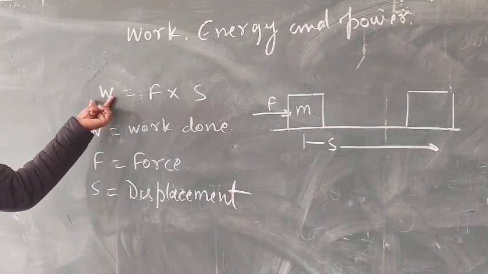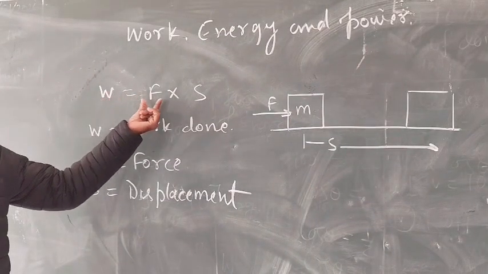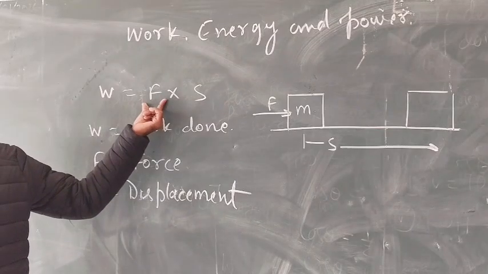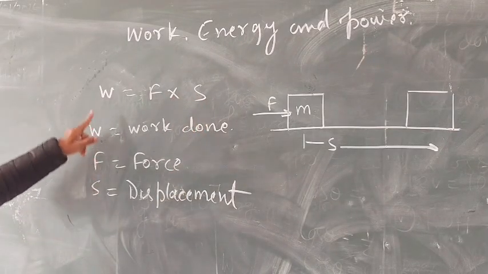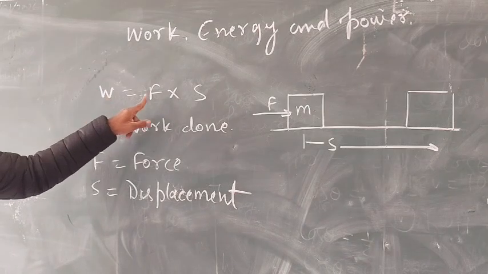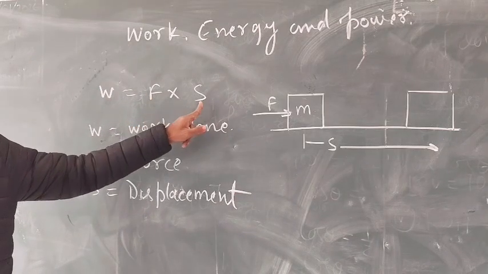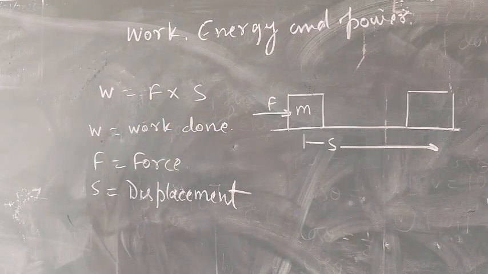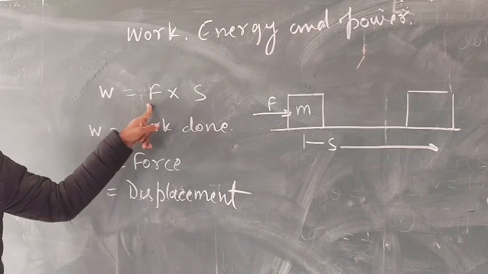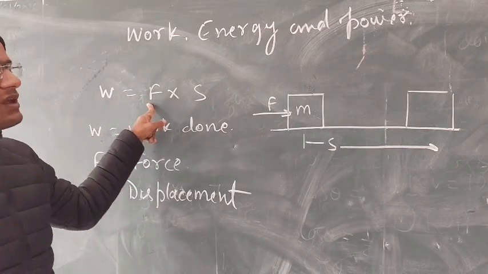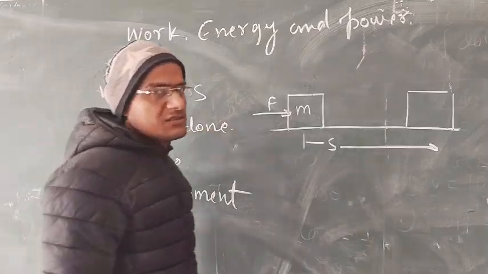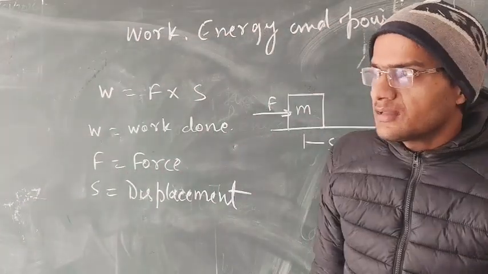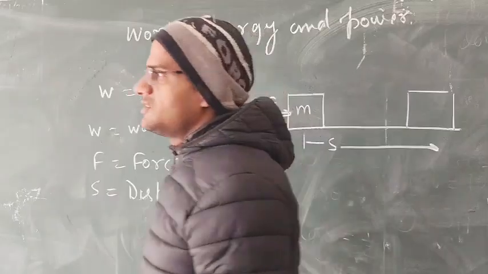Here we can see the work done depends on two things. The first is the force and the second is the displacement. If we apply force on any object and the displacement of the object is 0, then the work done will be 0.